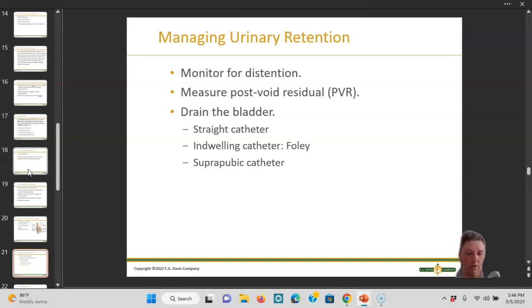So the catheter is straight in the bladder, draining to a bedside bag, just like a Foley catheter. All right, regardless whether it's a straight cath or an indwelling catheter, it's the same procedure, okay? Exact same procedure, it's just that the straight cath just goes in and comes back out, and the Foley catheter stays in.